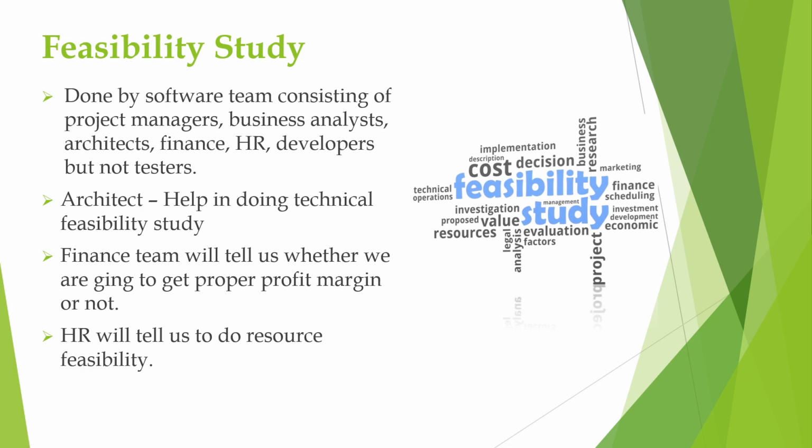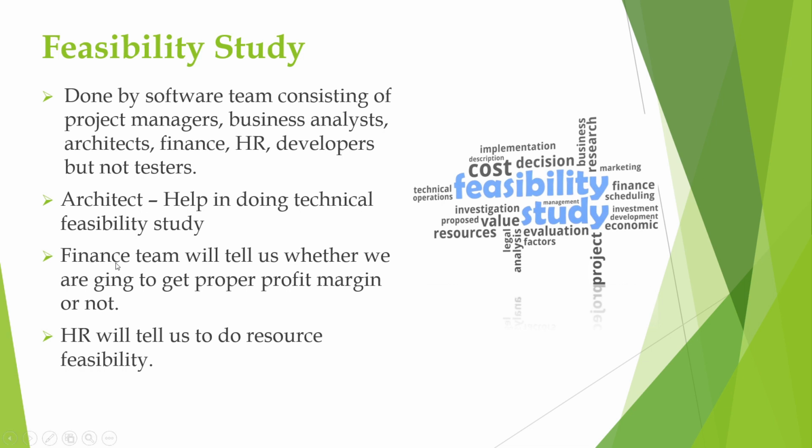What these people discuss there, let us see. First is architect. The architect is the person who will tell us whether we can take up the project and what kind of technology and tools we need to develop this software. He will help us in doing the technical feasibility review.